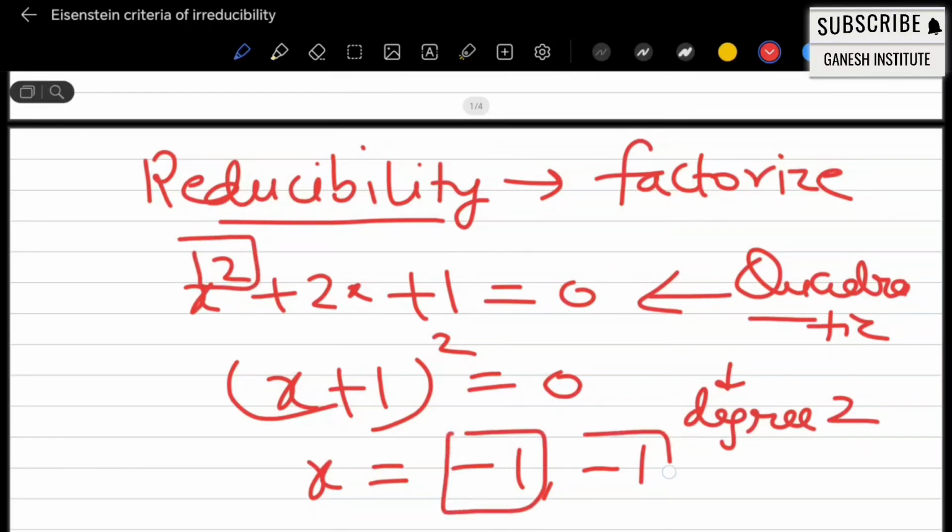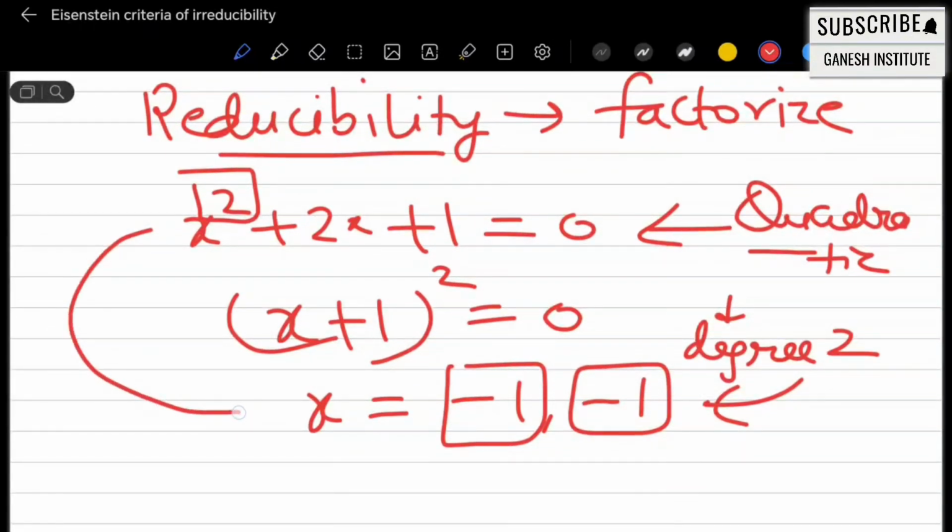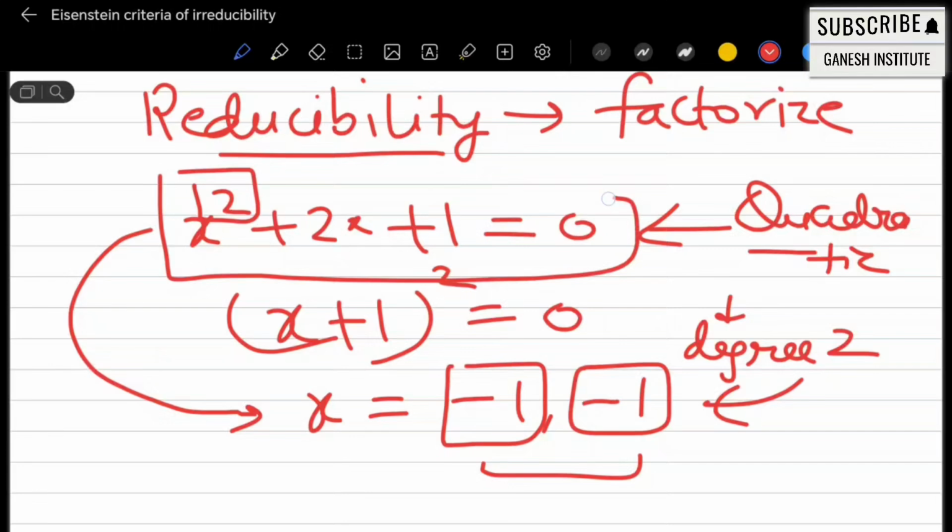So it will have two roots. The number of roots is equivalent to the degree. Because this equation has been transformed or reduced into these two factors, we will say that this equation is reducible.